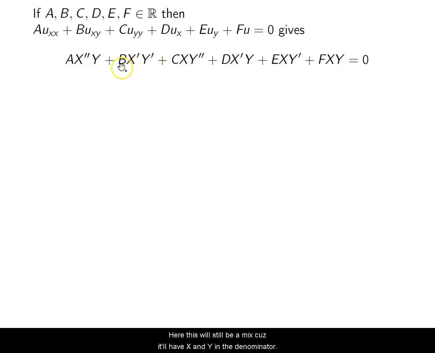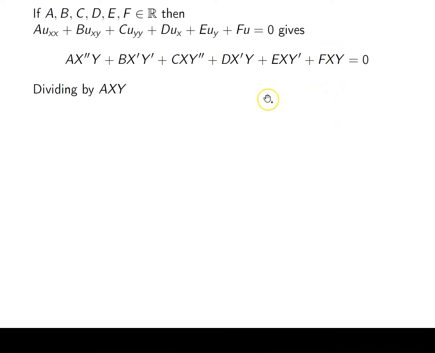Here, this will still be a mix because it'll have x and y in the denominator. Here, the x's will cancel and it'll turn into a function of just y's. Here, the y's will cancel and it'll be a function of just x's. Here, those two x's will cancel and it'll be a function of just y's. Here, the x and y will cancel and it'll be a function of just f.